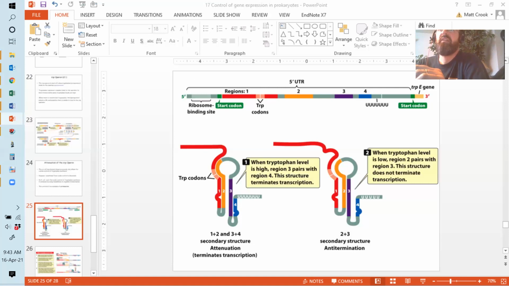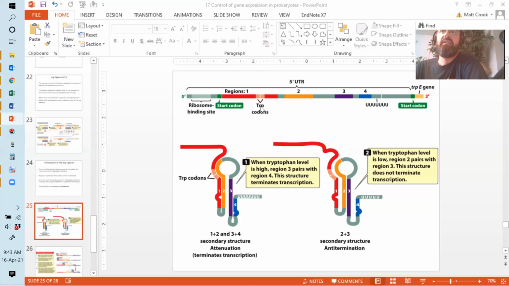Now, if tryptophan levels are low, right, the ribosome pauses, right, over region 1 because there's no, it's almost like these are stop codons, right? They're not, because the release factor doesn't come in.